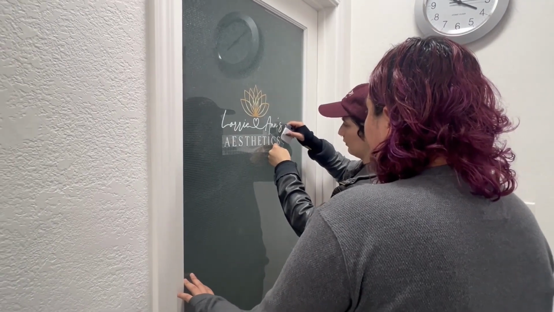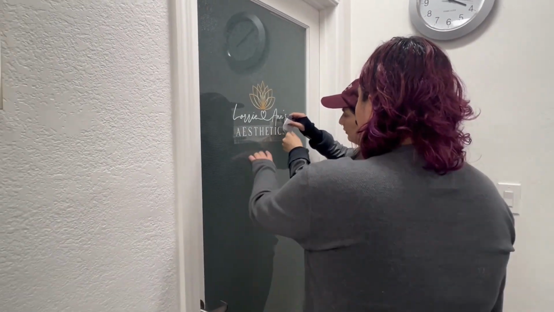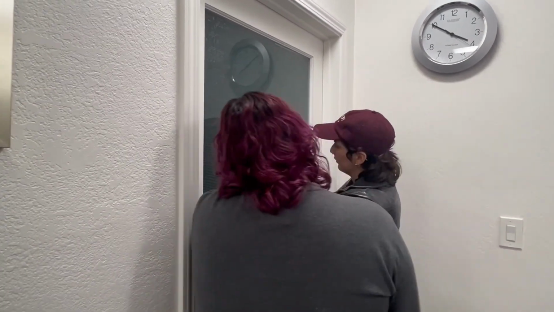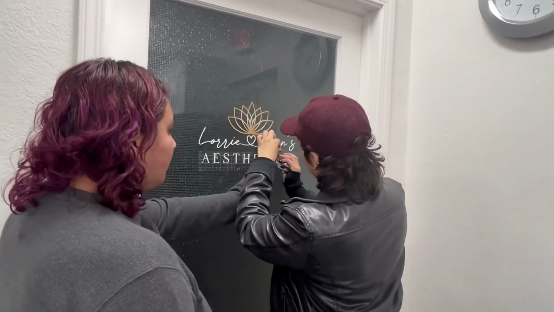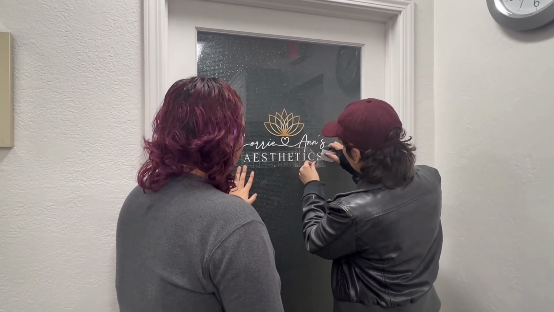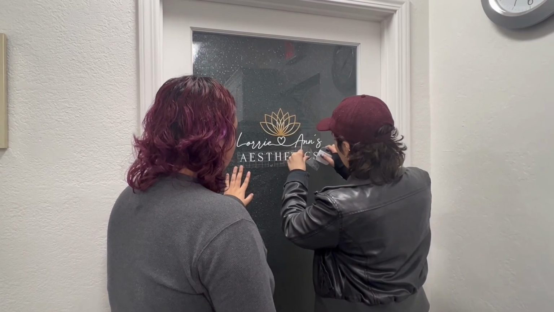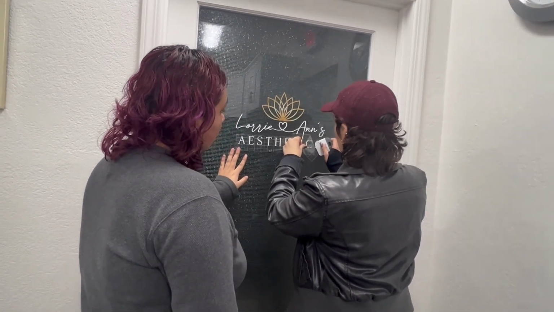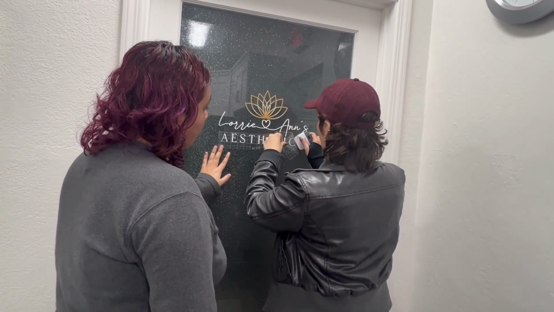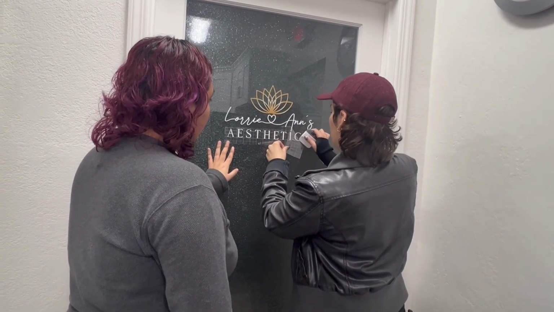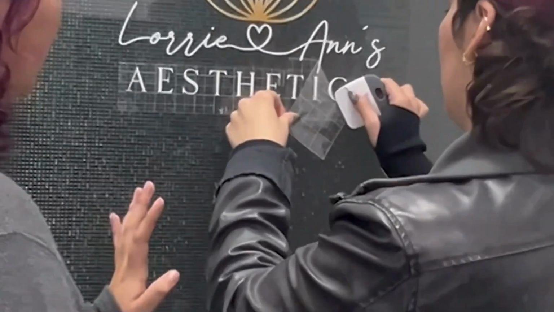All right, so we're gently removing the transfer tape so we can get the decal there. Look at that. It looks amazing. I love it. So far, so good. I'm such an I'll-deal-with-that-issue-once-I-get-to-it kind of person.